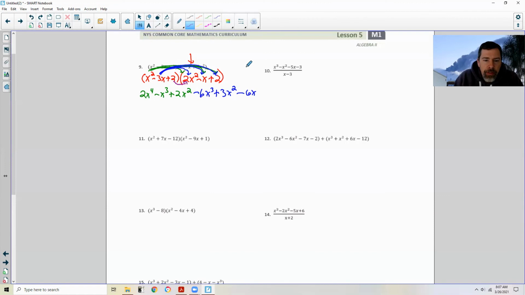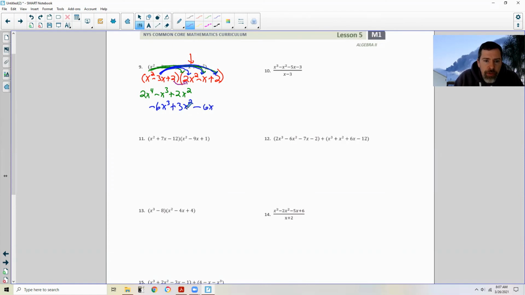All right? And before I do that, I actually should have put this under here because we want to line up our like terms. Let me just do that now. All right, sorry about that. So there it is. And then the third one, the purple one, I'm going to line up underneath, and we just add it all up and it just comes together nicely. So 2 times 2 is 4x squared.